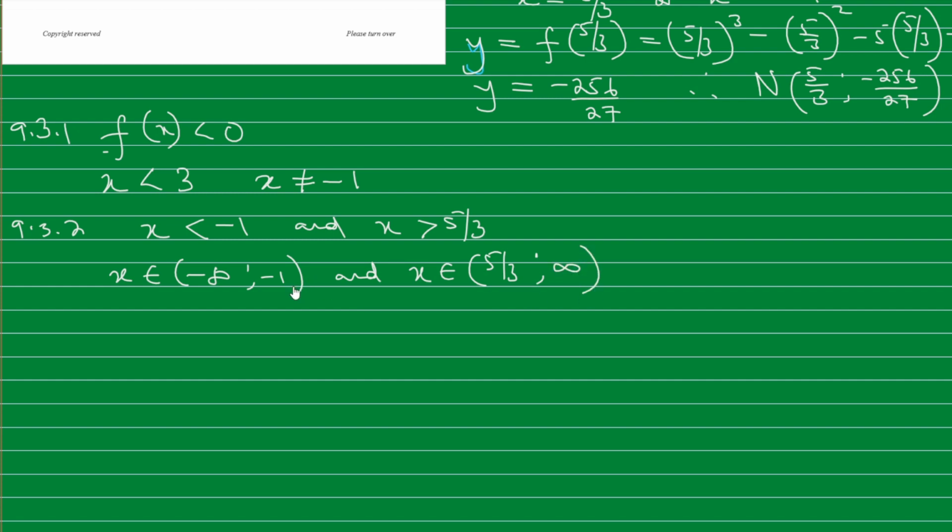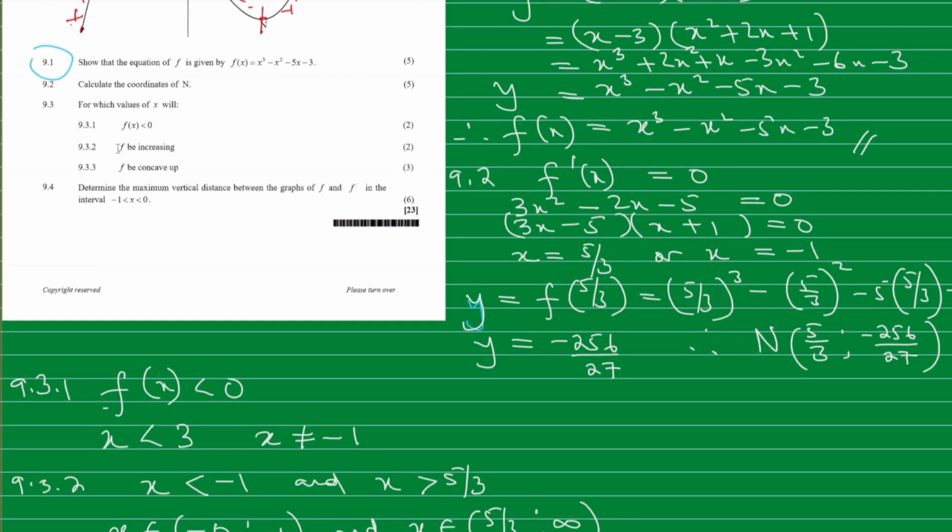Here you have to make use of round brackets, because 5 over 3 and -1 are not included. So that answers question 9.3.2.